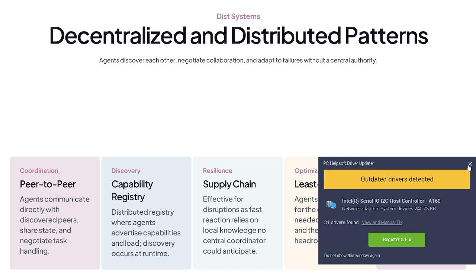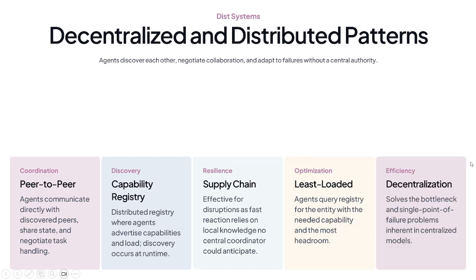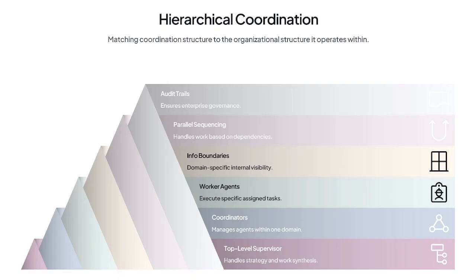When the central orchestrator causes problems and failure in the entire system, then you have to use a decentralized orchestrator. Use it when agents need fast local decisions, when the system must partially fail, and when system coordination should happen dynamically. When you have a dynamic workflow in the system, you should use the decentralized and distributed orchestration pattern.